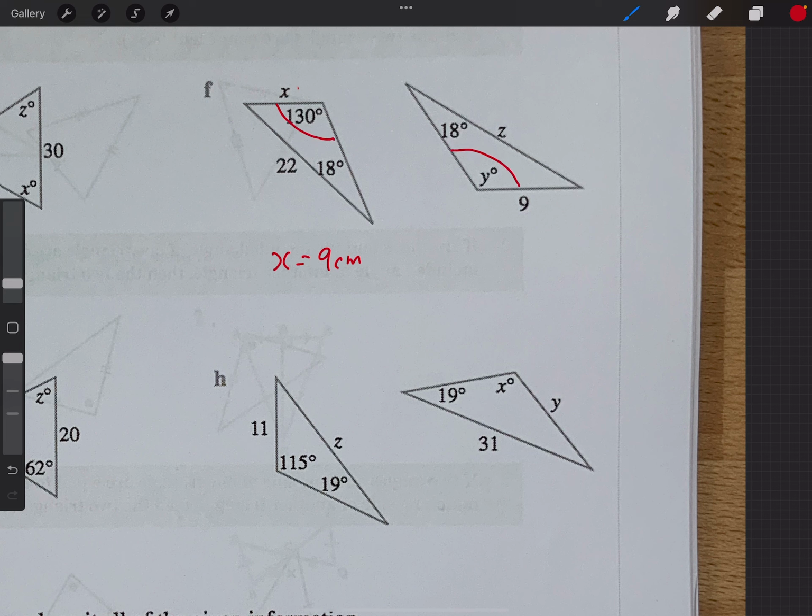So we can reasonably deduce that these are the same. So Y degrees is equal to 130. And the obtuse angle is opposite the length 22, so this obtuse angle must be opposite the length 22, and that means Z must be 22 centimeters.